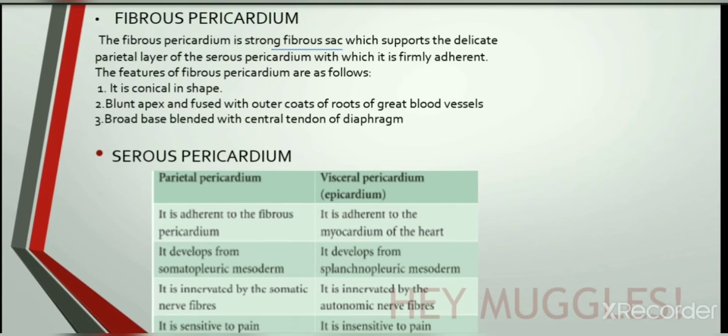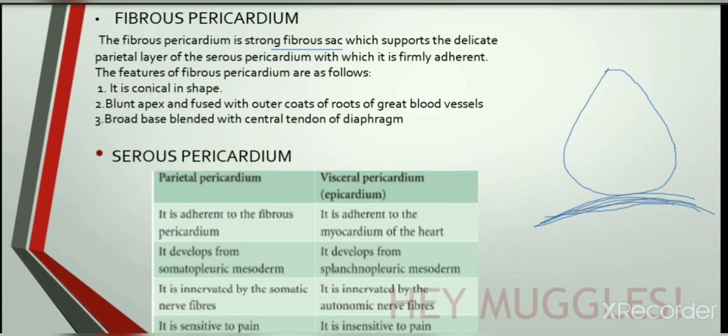So what are the features of a fibrous pericardium? The fibrous pericardium is basically conical in shape. It is something like this. It is conical in shape. So this is the base. The base lies on the diaphragm and is fused with the central tendon of your diaphragm.